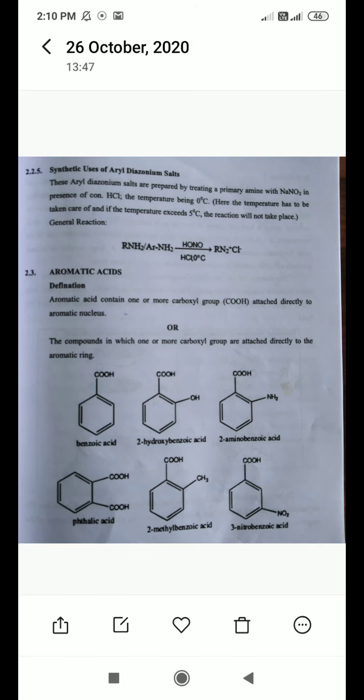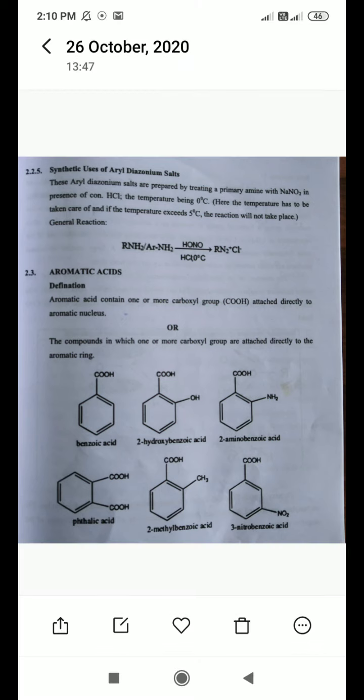Then also 2-methyl benzoic acid: when a methyl group is directly attached to the benzene ring, it becomes toluene. So when a methyl group is attached to benzene, it is simply called toluene. So this 2-methyl benzoic acid we can also name toluidic acid.